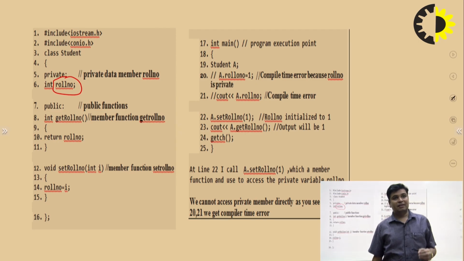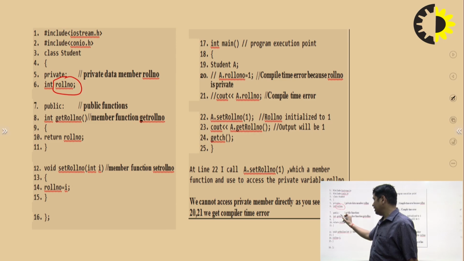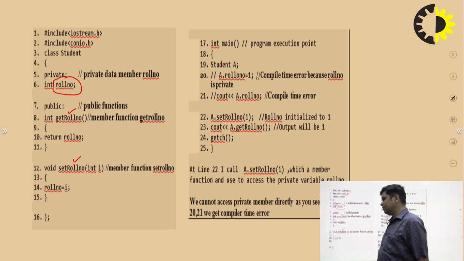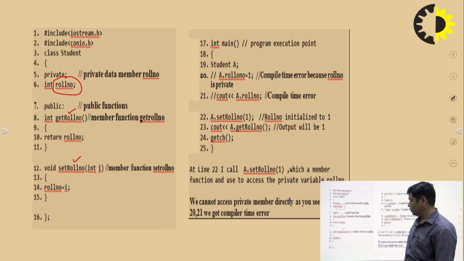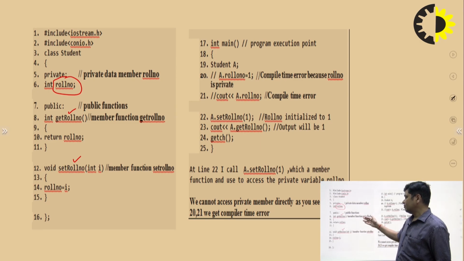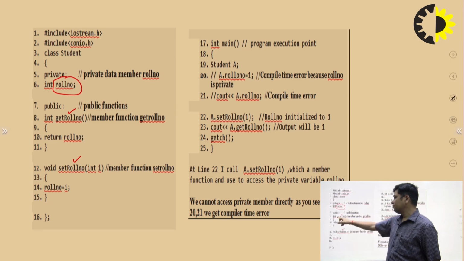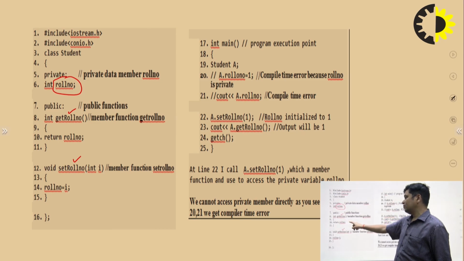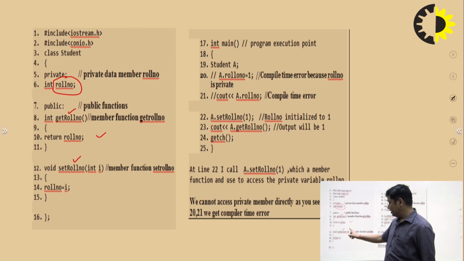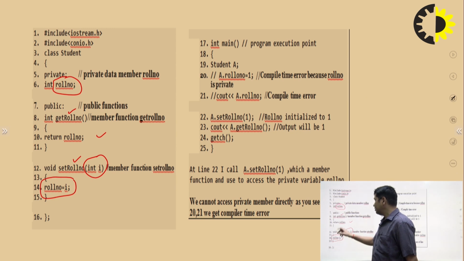The first function is get roll number, and the second function is set roll number. Okay. So this method has no argument, but it has integer return type, so it will return the roll number, and this method has one argument of integer type. It will take the roll number and assign the value to this private variable.